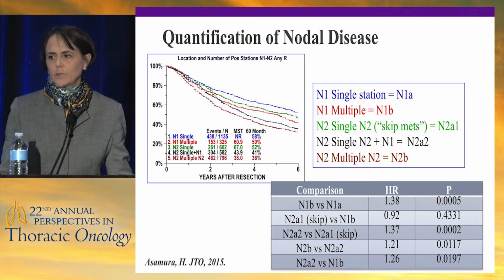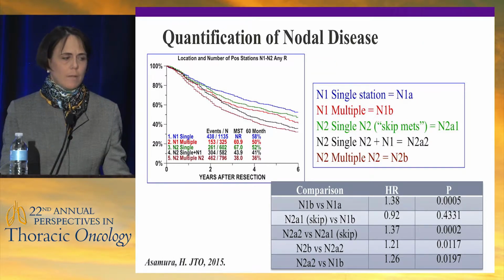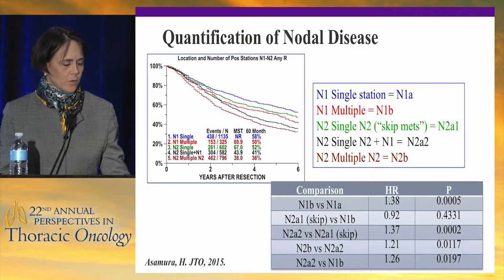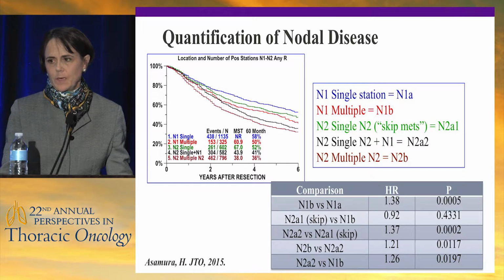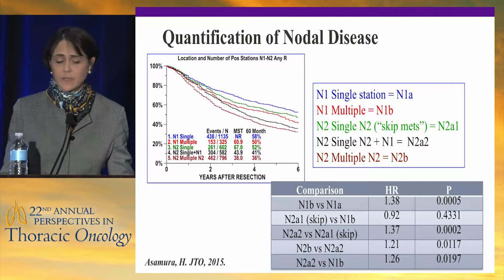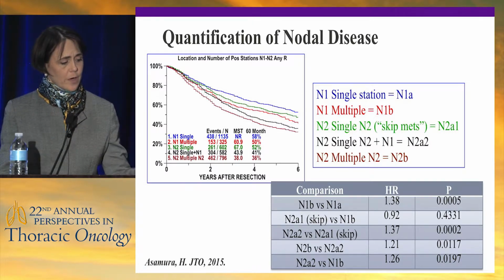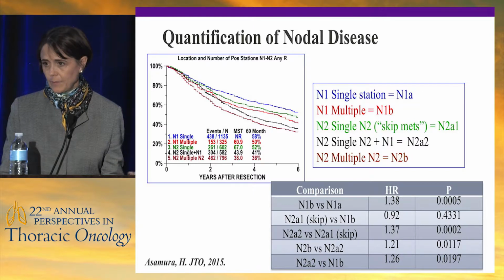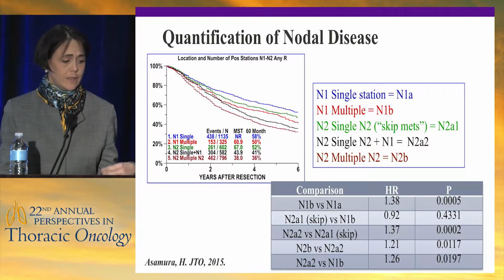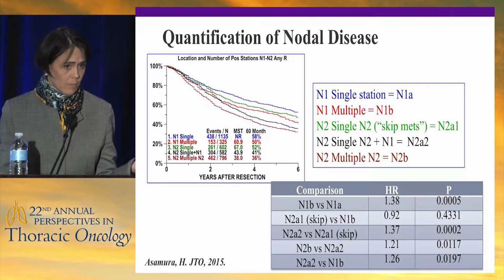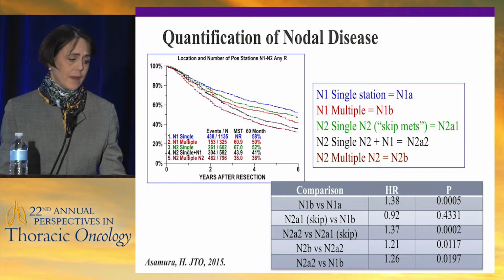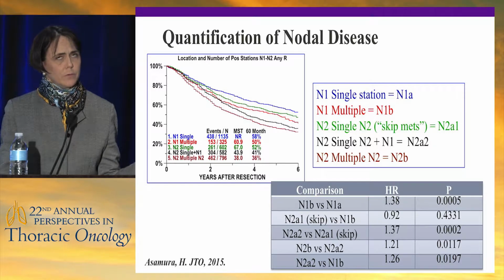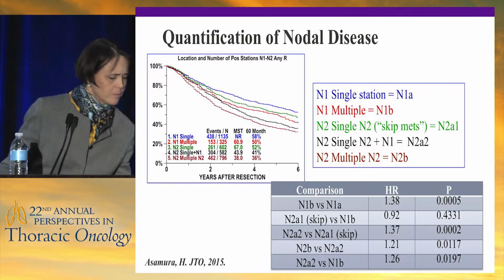That being said, of course, they do make recommendations about some of the nodal disease. We clearly see differences in prognosis based upon the number of involved stations, and therefore they're trying to introduce N1a, which means a single N1 station, versus N1b, multiple N1 nodes, and then the N2s into a skip single N2, N2a1, N2a2, which is what?